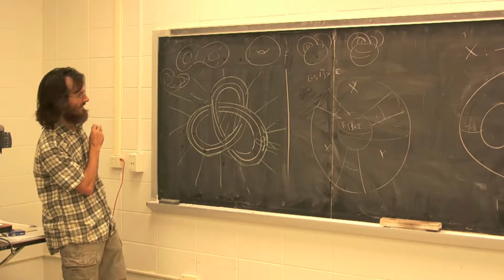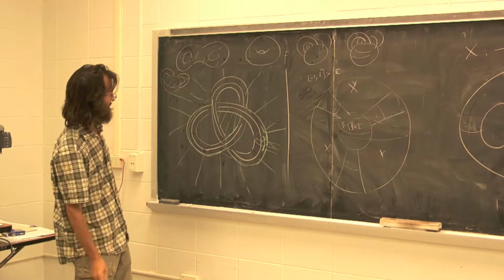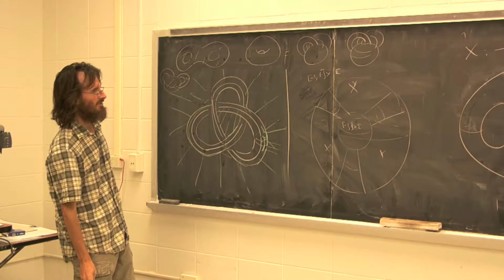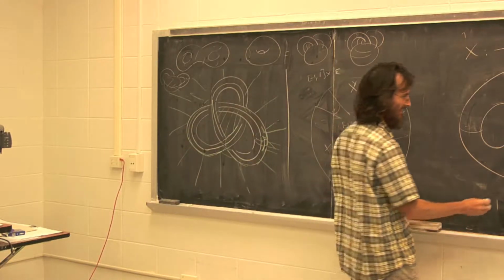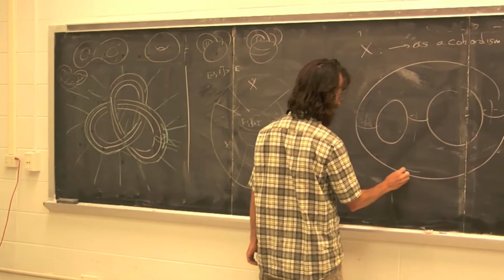So we want to see what's happening here, and I claim that, up to possibly changing all my crosses from right to left, the boundary seems to be this.